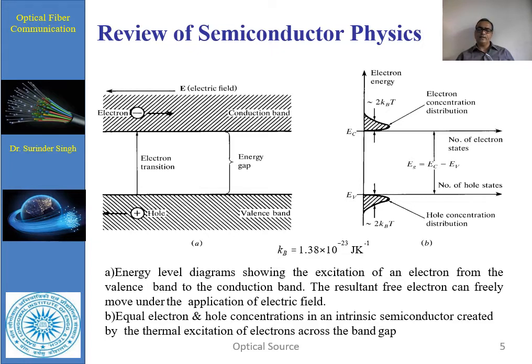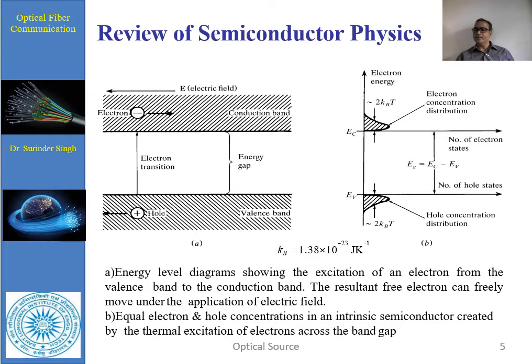As the temperature of this silicon material rises, some electrons are thermally excited across the band gap. The excitation energy for silicon must be greater than 1.1 electron volt to make the transition of the electron. If an electron makes the transition, it leaves a hole behind in the valence band.